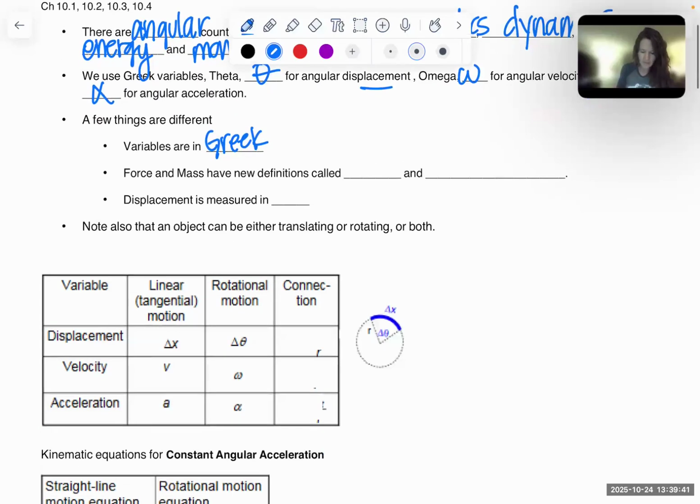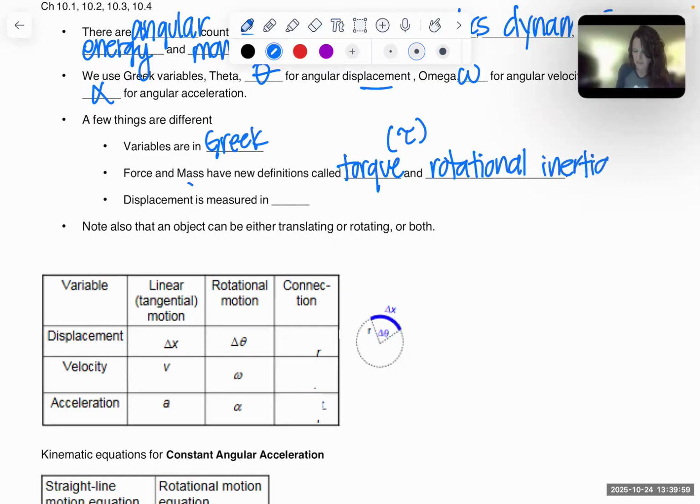And then force and mass have their angular counterparts. For force, we are going to be working with torque, and that is symbolized by the Greek symbol tau. And then for mass, we are going to be talking about rotational inertia, and that is also known as the moment of inertia. We'll be talking a lot more about that, but that is the angular counterpart for mass.